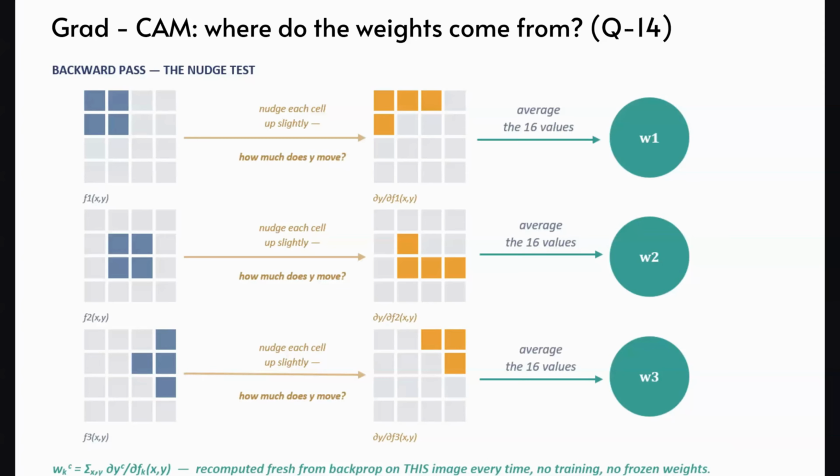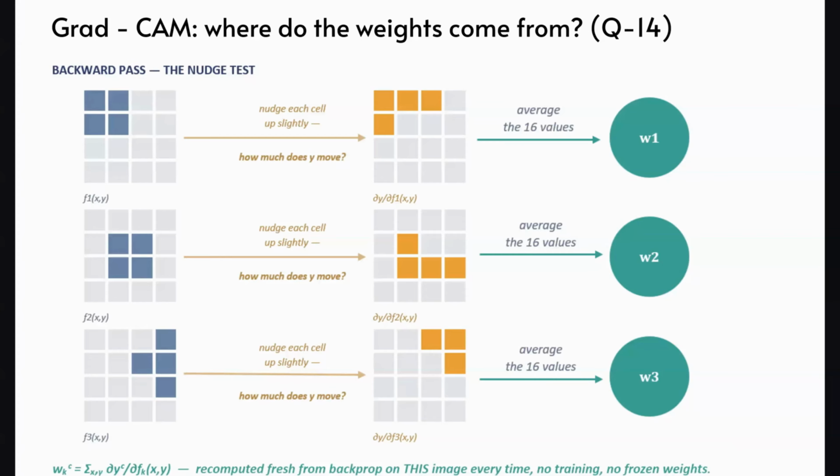So what we do is take the feature map, nudge each of these cells slightly, and check how much y moves. One more thing, there are two y's here. Whenever x and y come together, it is the spatial location. Wherever this one y comes, it is the output y. Those are two different y's, just to make sure.